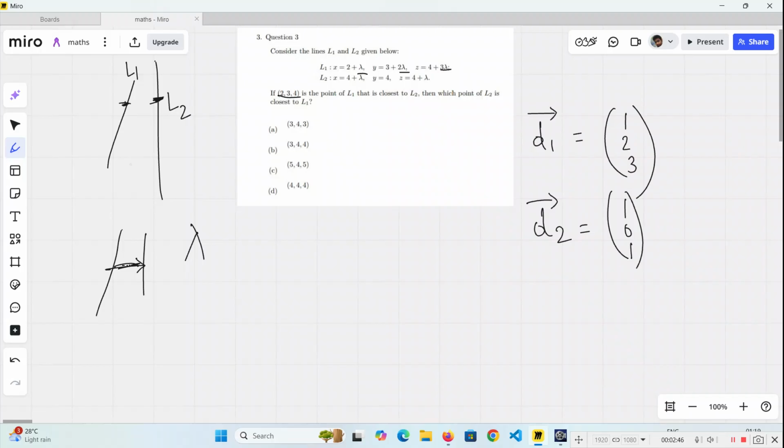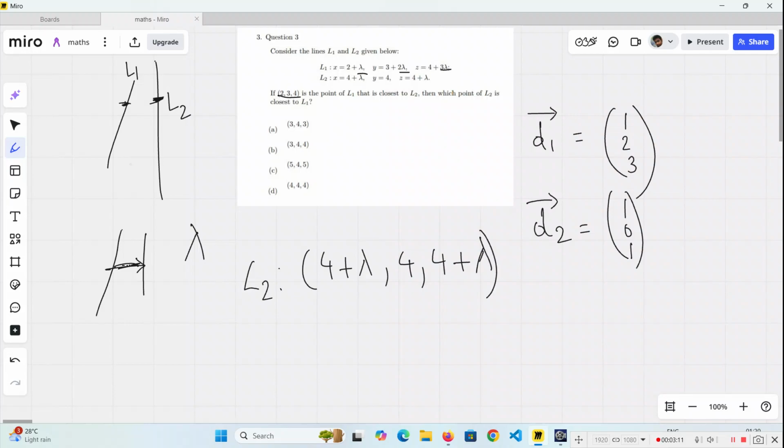A general point is given in L2, that is 4 plus lambda, then 4, and z is also 4 plus lambda, isn't it? Yeah, z is also 4 plus lambda.